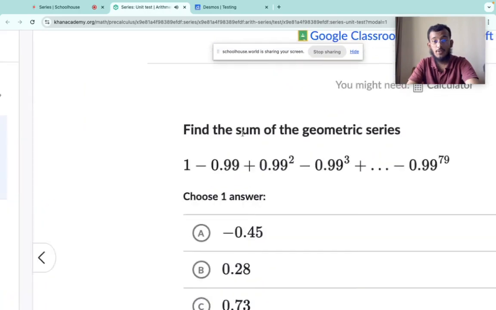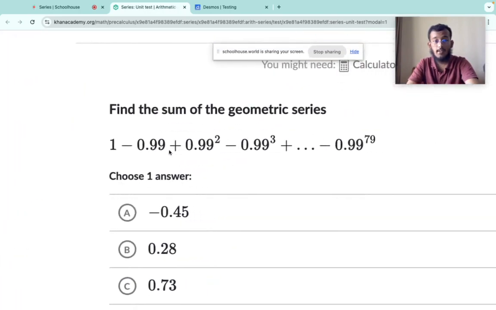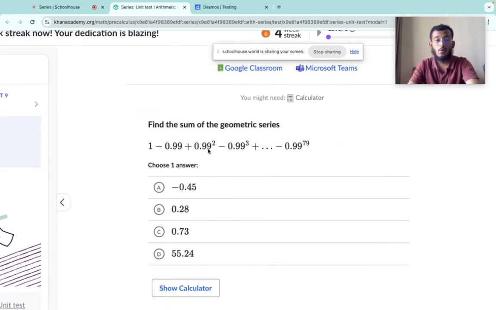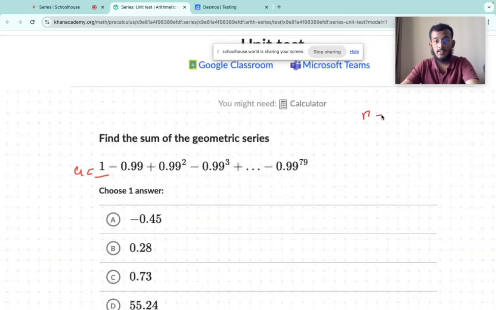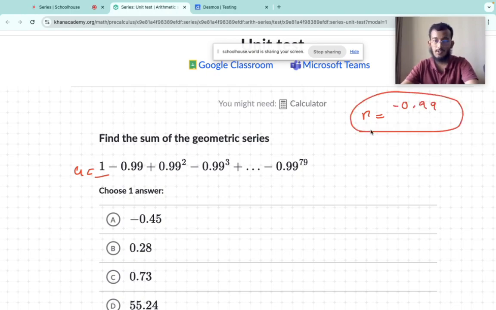Find the sum of the geometric series 1 minus 0.99 plus 0.99 squared, and so on. First of all, we know the first term is 1, so a equals 1, and r, the common ratio, is the second term, negative 0.99, over the first term, which is 1. So our r is negative 0.99.